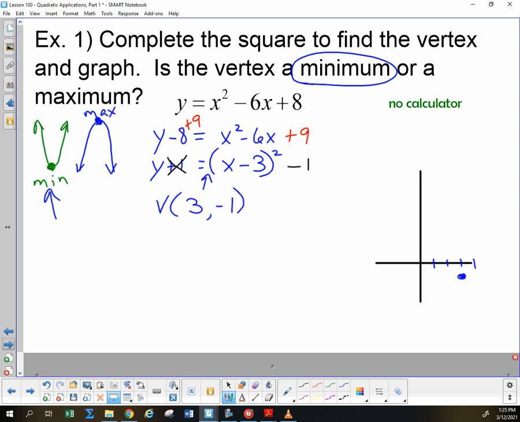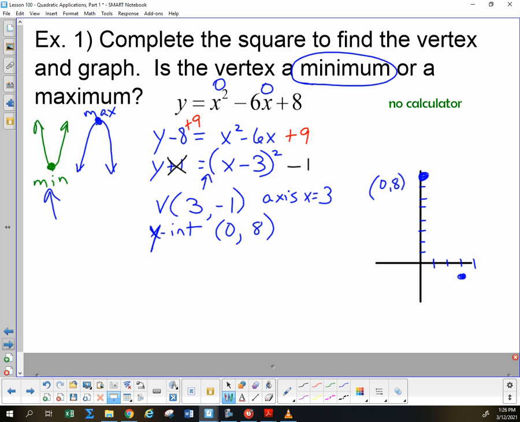So there's my 3. I know that my x-intercept, let's do the y-intercept first. My y-intercept, I'll let x be 0, so I have 0 squared minus 0 plus 8. And my axis will be x equals that x-coordinate of the vertex, so it will be 3.